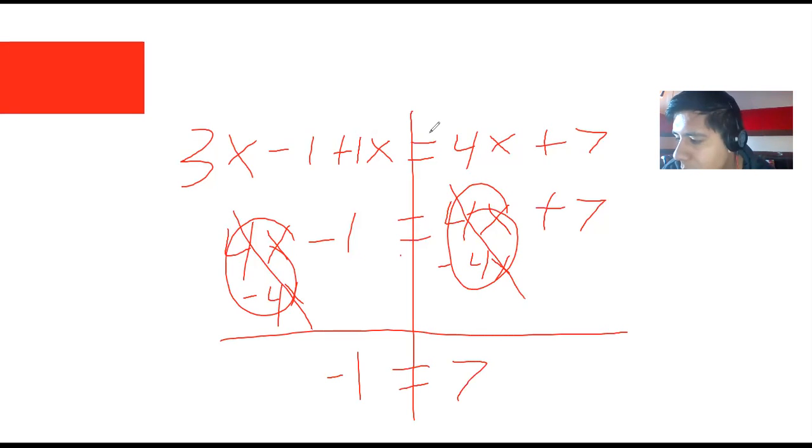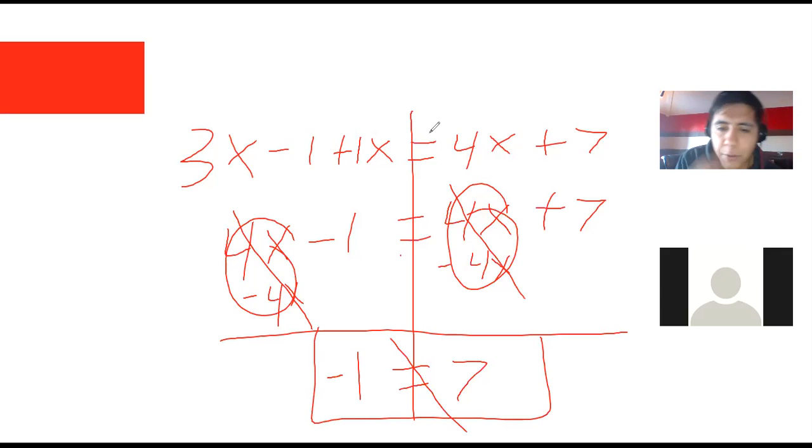So what would be our solution here? What are we ending up with here? If anyone can answer. No solution. Yeah, exactly. So that's a no solution.